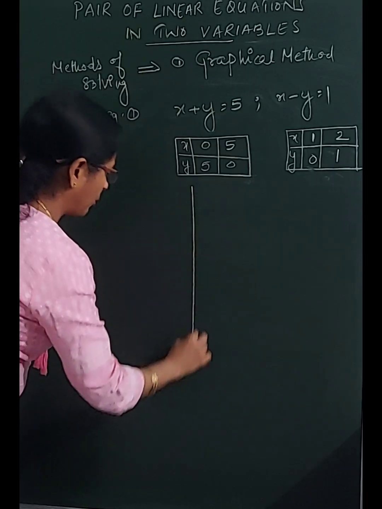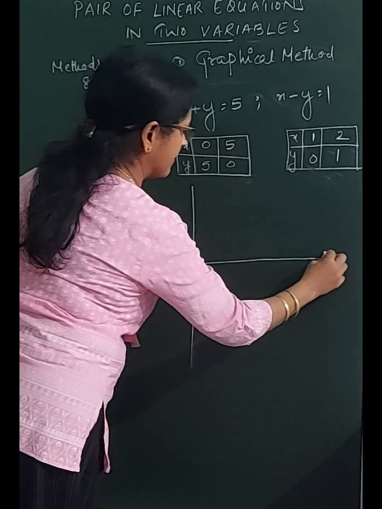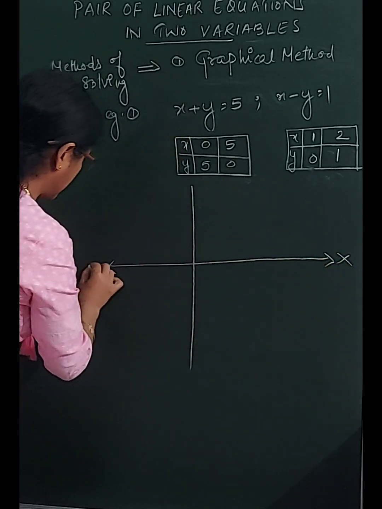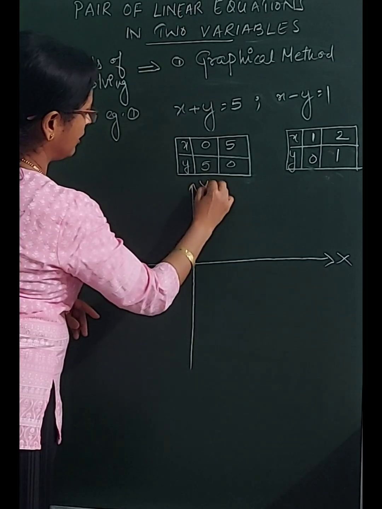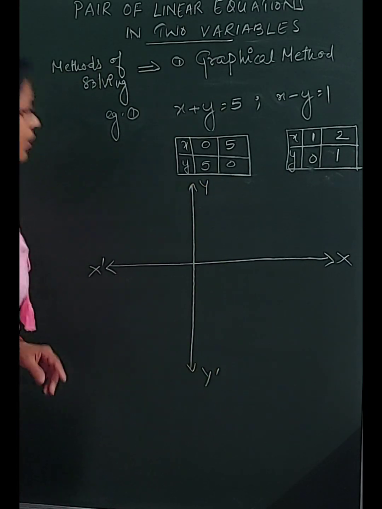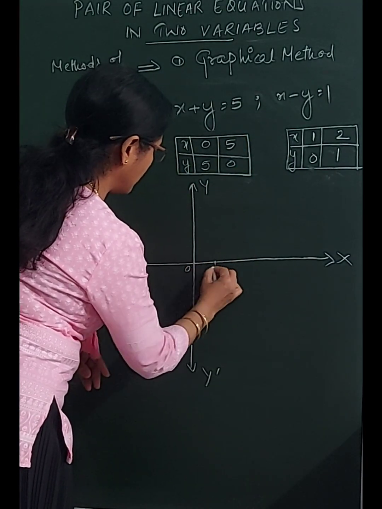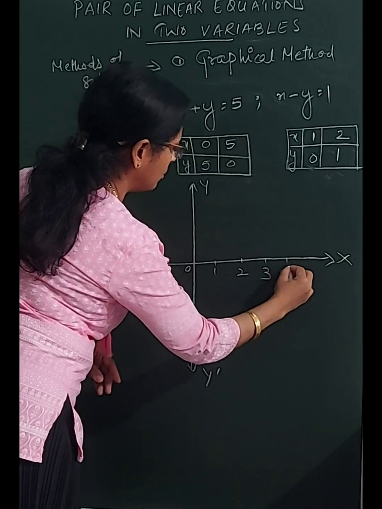Now plot the line. For this, we will make the axes. This is the x-axis, x dash represents the negative x-axis, this is the positive y-axis, and this is the negative y-axis. So mark the points, divide it equally, 0, 1, 2, 3, 4.